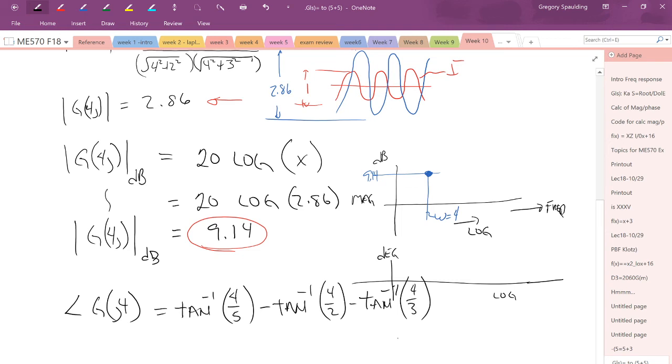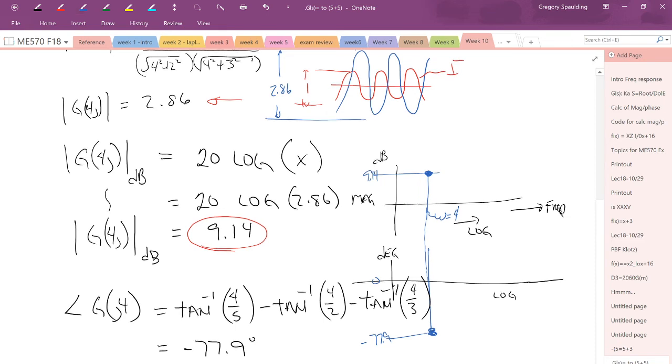And we work that out, and we end up with minus 77.9 degrees. And so here on our plot, at omega equal 4, we would go down to minus 77.9 and plot a point in here on phase. Okay?